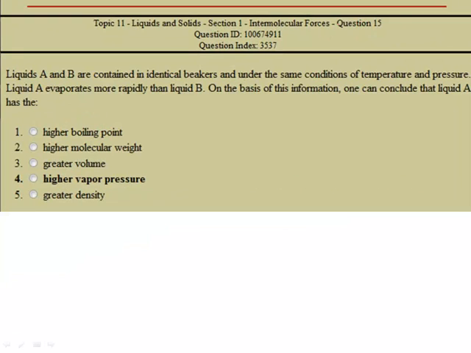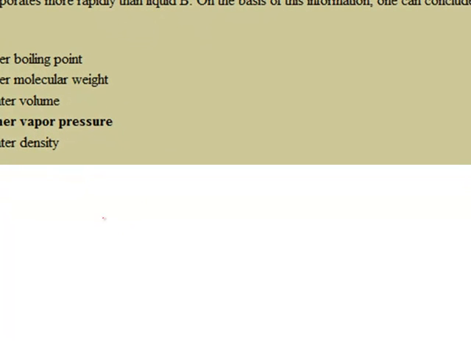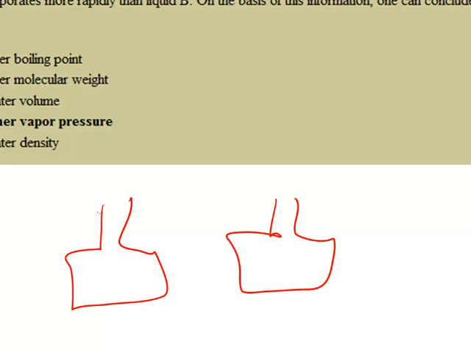Liquids A and B are in identical beakers under the same conditions of temperature and pressure. Liquid A evaporates more rapidly than liquid B. Well, what that really means is if you have liquid A and liquid B in these containers, and what they're not saying is I think we should have a lid on these.